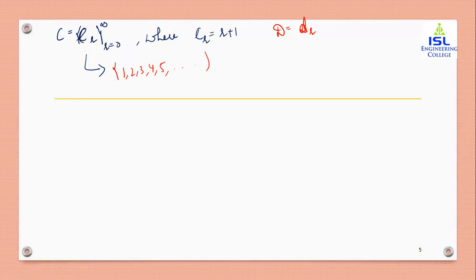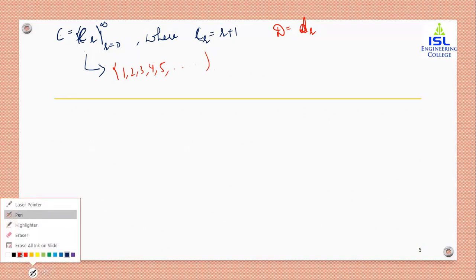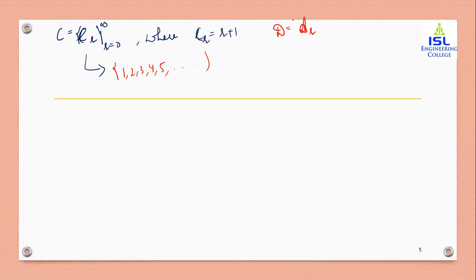The c is small c, dr, and dr denotes here set D. The set D is equal to the set of dr from 0 to infinity, where for each r, dr is itself equal to r square. That is the set of all squares.